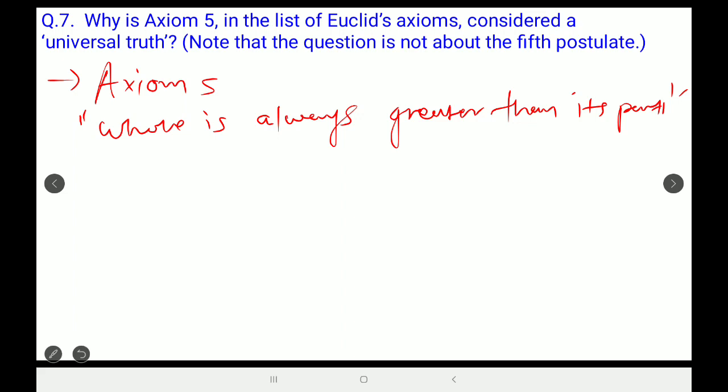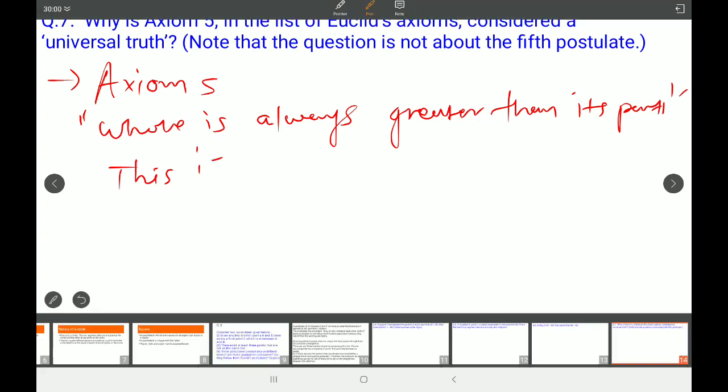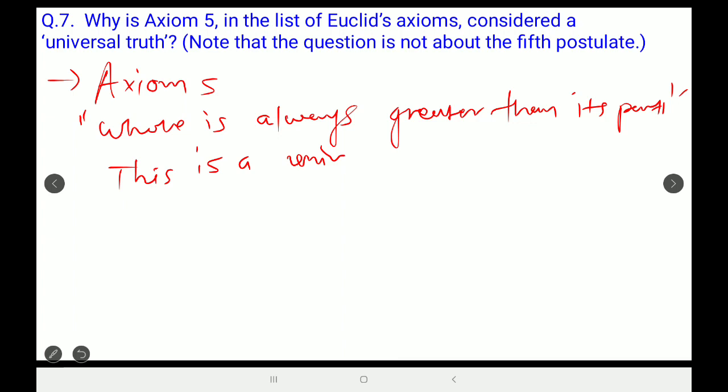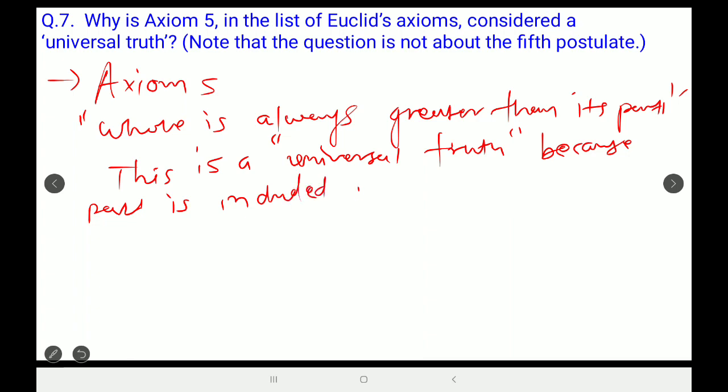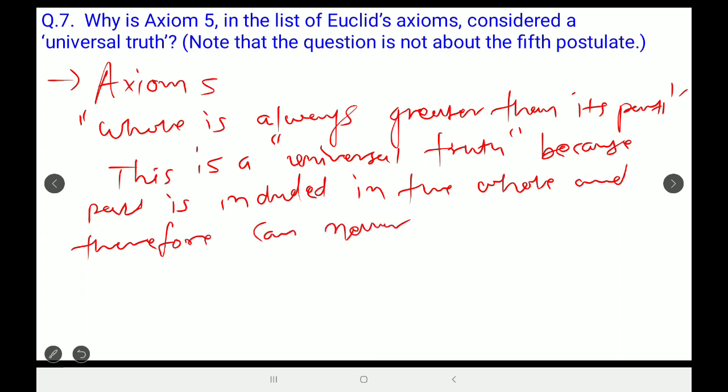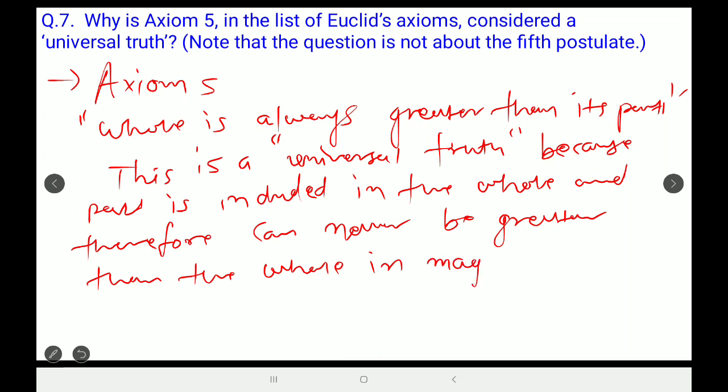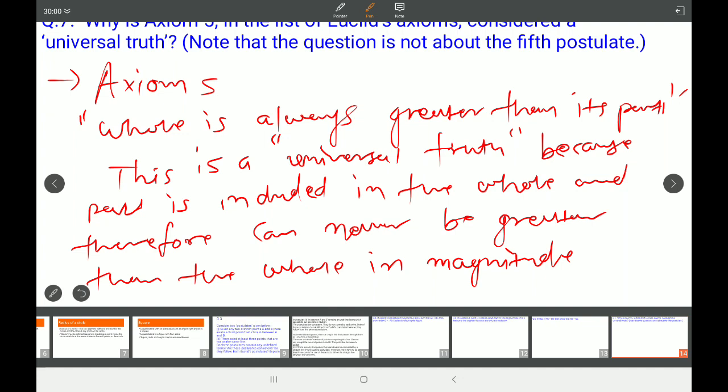So we can write one sentence in the answer: this is a universal truth because part is included in the whole and therefore can never be greater than the whole in magnitude. Clear? In the answer of this question, you have to write this sentence.